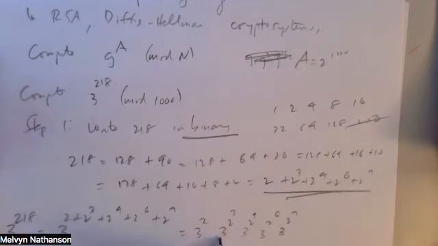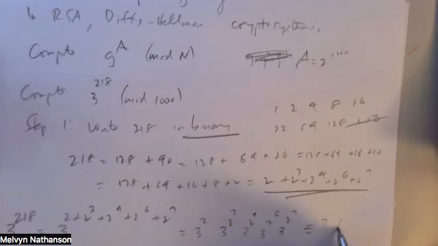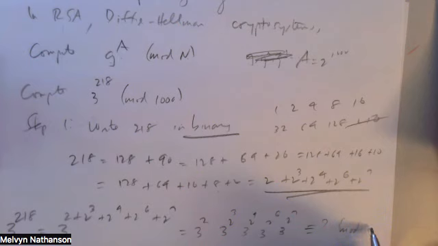Now, of course, we still need to compute these. So this is congruent to what? Mod 1,000.